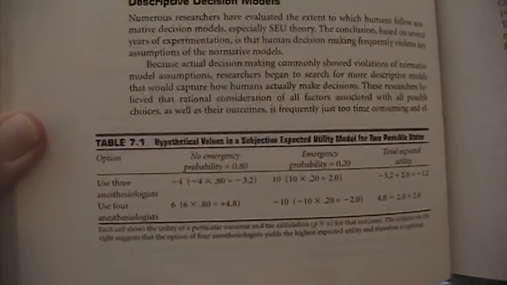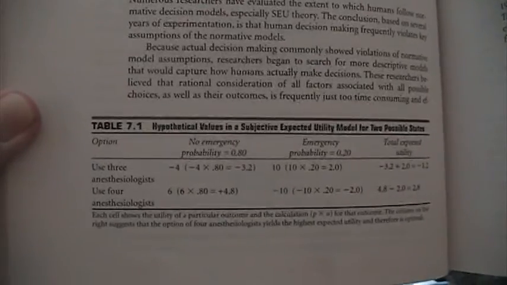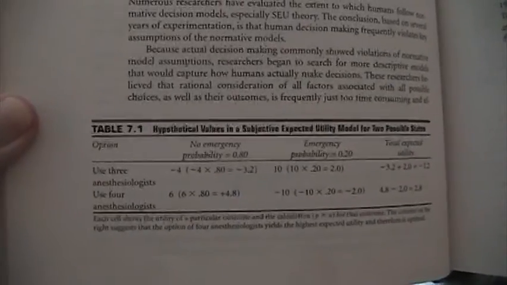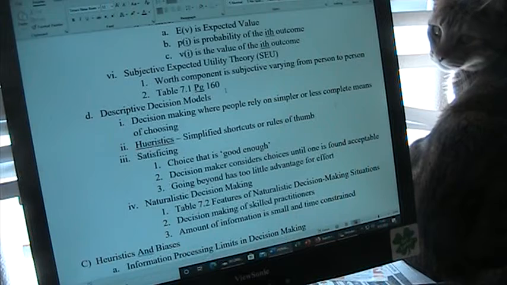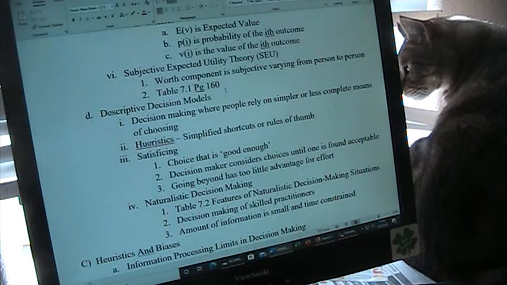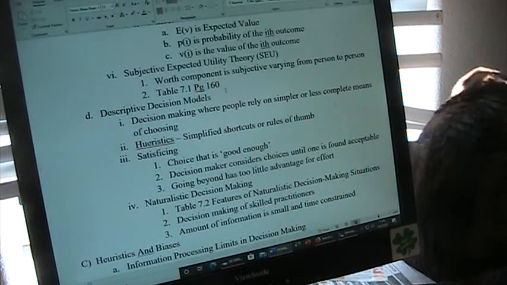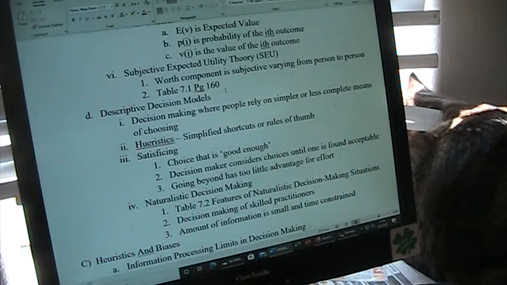There you see they go through the problem from the beginning of the chapter that I didn't read in this iteration of class about anesthesiologists. Let me go back and read that for a moment. An anesthesiology team in a large hospital consists of 4 physicians, 3 of whom are residents in training.